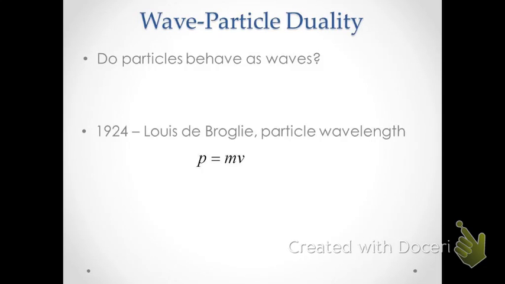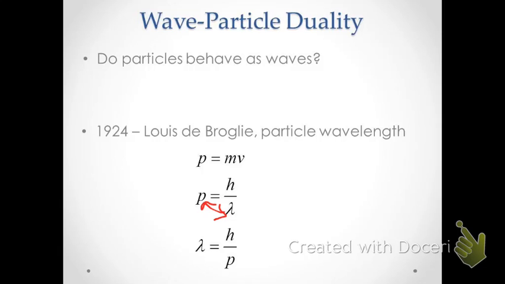And going with the concept that we discussed earlier, momentum, p, being equal to mass times velocity, and knowing that in the case of a photon, that momentum is equal to h over lambda, de Broglie simply said, well, if we rearrange that equation, solving for lambda, the wavelength is equal to h over p.